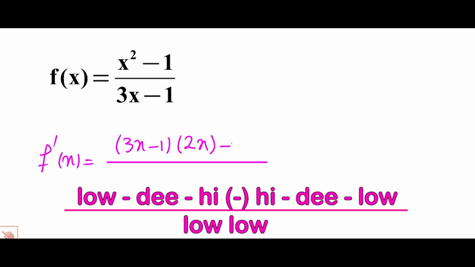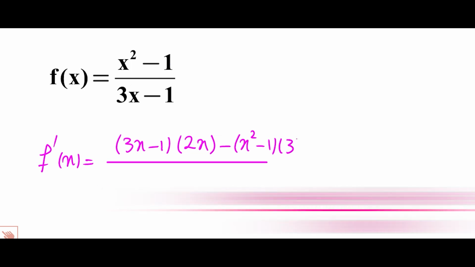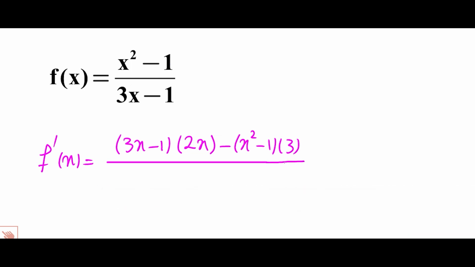High is x squared minus 1. D low means the derivative of 3x minus 1, which is 3, over low low. Low low means 3x minus 1 times 3x minus 1, or 3x minus 1 whole squared.